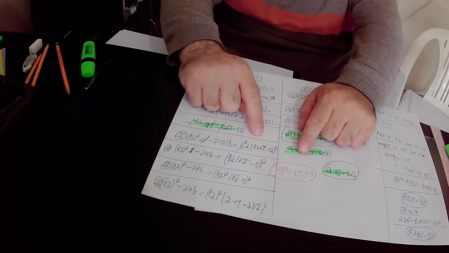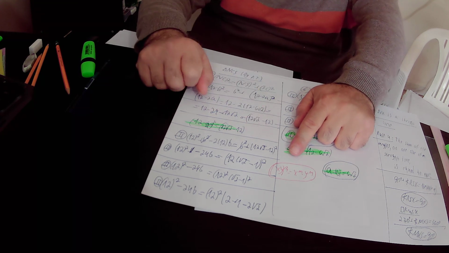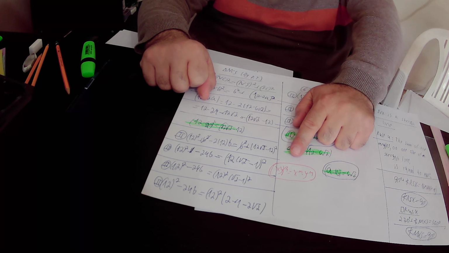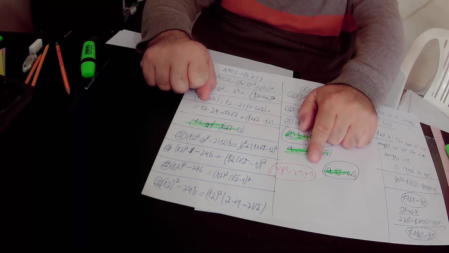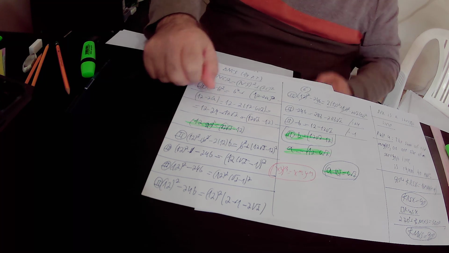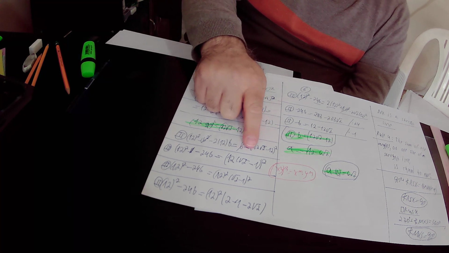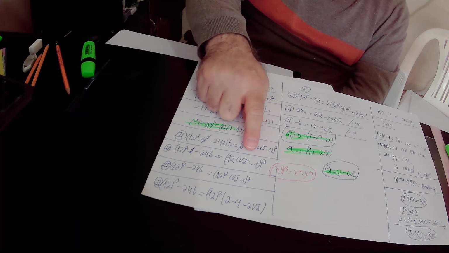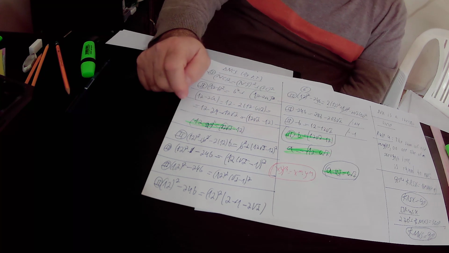We calculated the value of this expression according to the algebraic identity that states that xy to the power of m is equal to x to the power of m times y to the power of m. So according to this identity, the value of this expression will be equal to 12 square times square root of 2 minus 1 square.